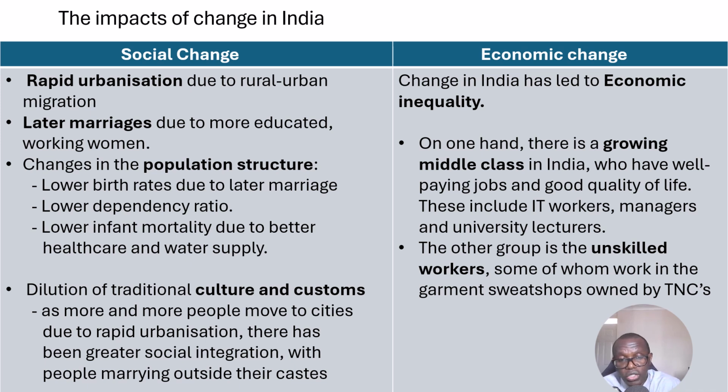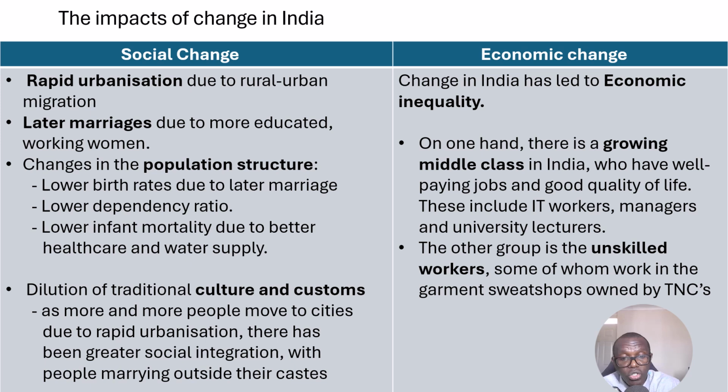So urbanization is an increase in the proportion of people who live in towns and cities compared to those who live in rural areas. Now, the number of people in India living in towns and cities has increased, and this has been due to rural to urban migration as people move from rural areas to try and find better prospects in urban areas.